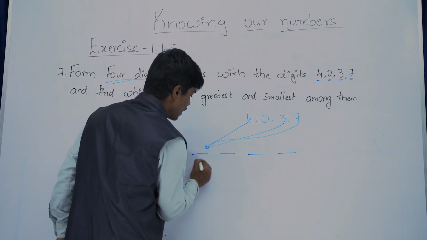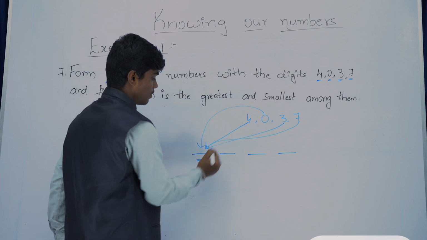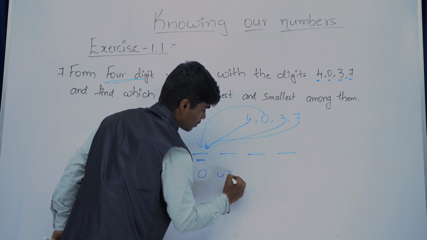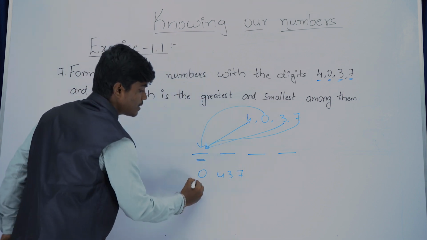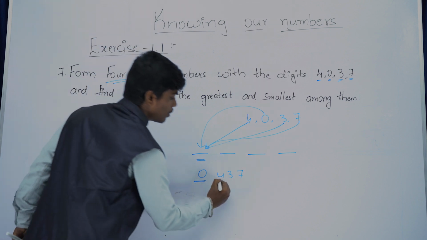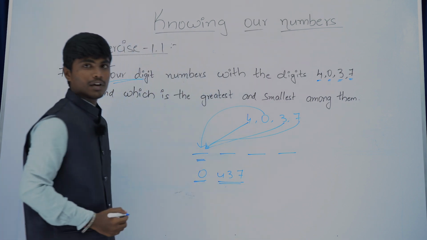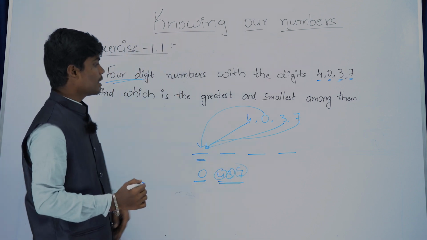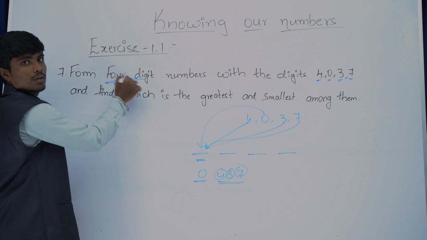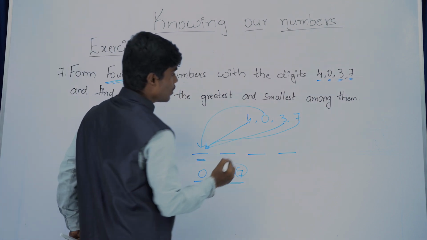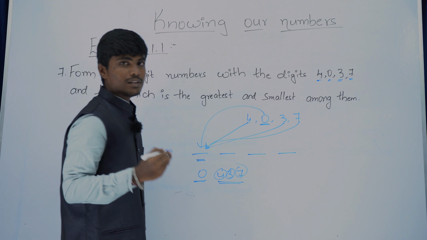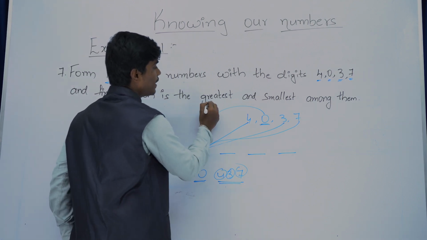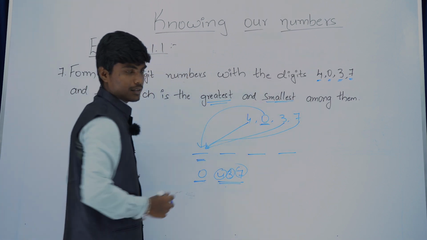But if we start the number with 0, say 0, 4, 3, 7, here 0 has no value. So it is 437, a 3-digit number. But he wants a 4-digit number, so we should not start the number using 0. He wants us to write the greatest and smallest using these digits.